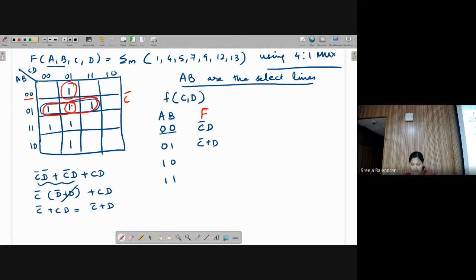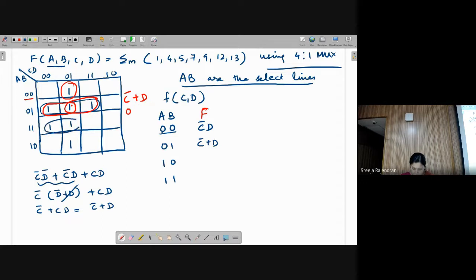D. And D is having a value of 1. So C bar plus D. Either when C is 0 or when D is 1, in all those cases, you can get it. So if that is confusing for you to decipher from the K map, you can do it this way. So that's why I got C bar plus D by simplifying it. Now, what is the third case?